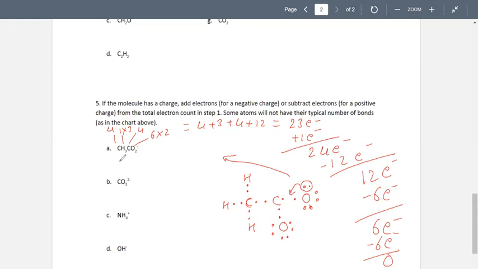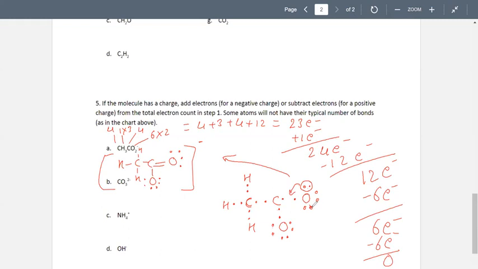We will have H, C, H, and H, and C, O, and a double bond over here, and all with 1, 2, 3, 4, 1, 2, 3, 4, 5, 6, and you do need to put the negative charge over here.